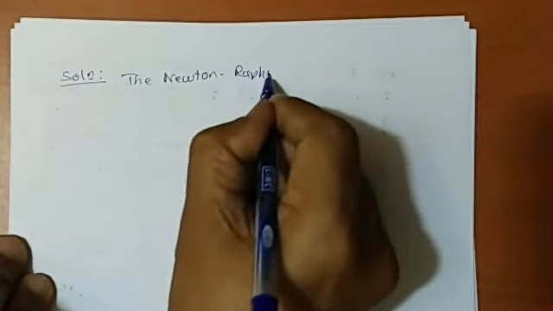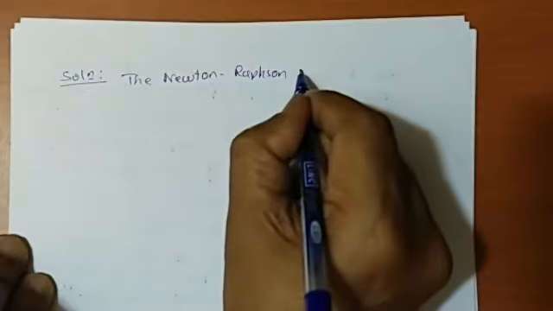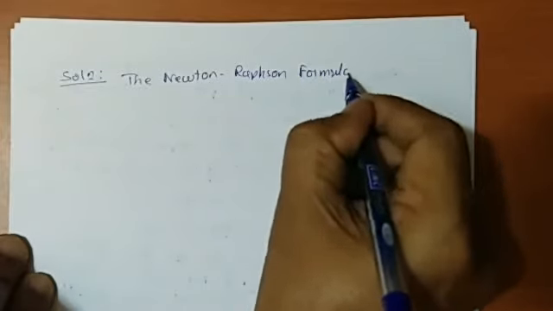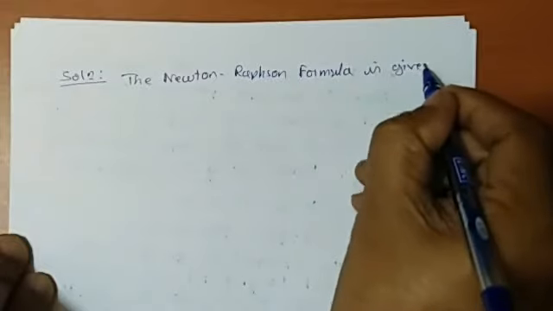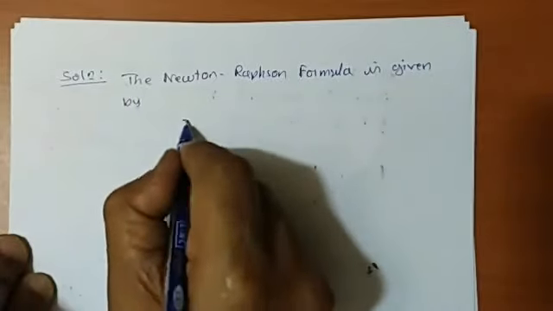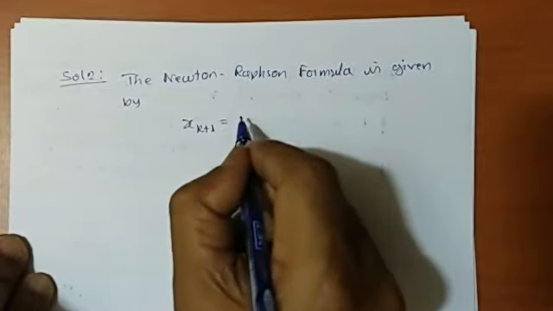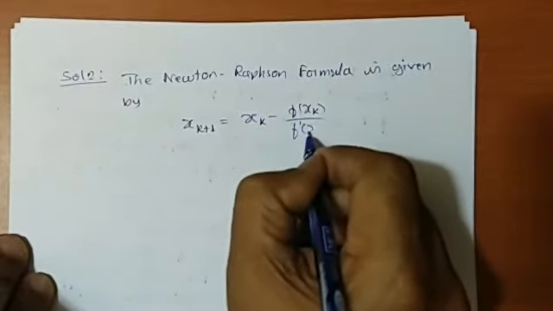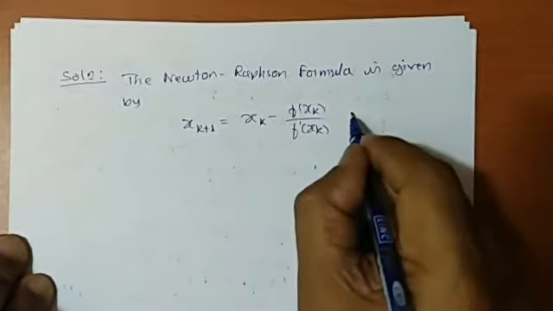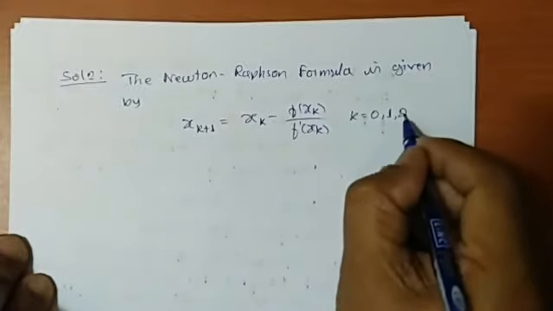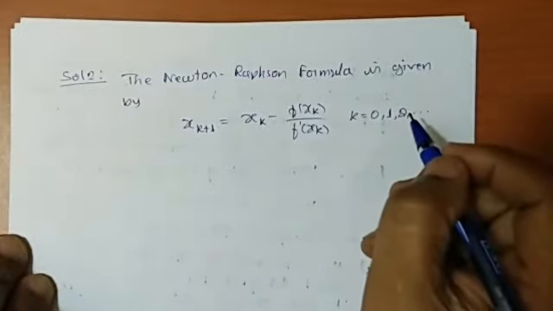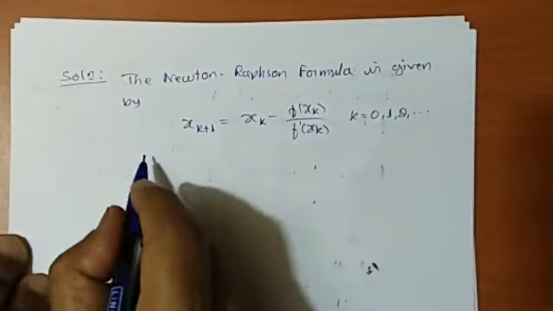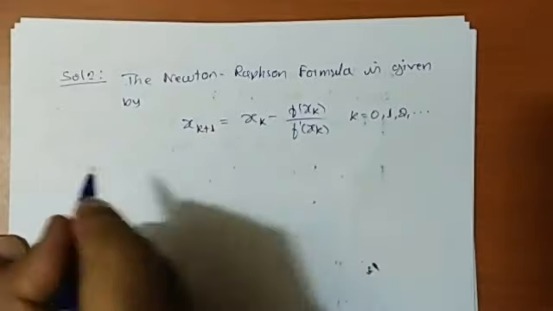The Newton-Raphson formula is given by x_{k+1} is equal to x_k minus f of x_k over f dash of x_k, where k starts from 0, 1, 2, and so on. So now I derive f of x_k over f dash of x_k.